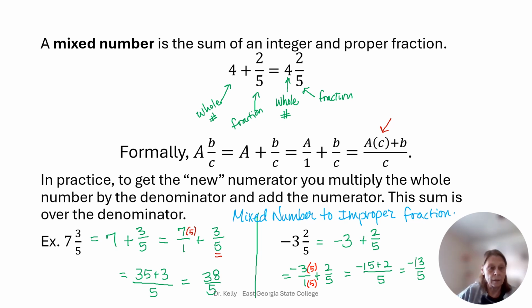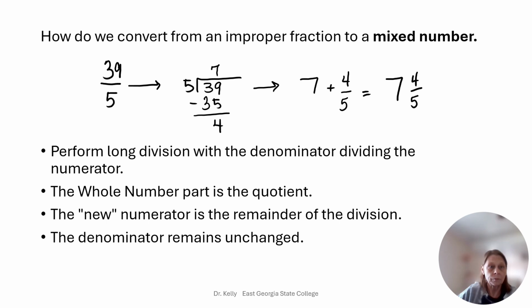All right, let's hit up another one. How do we go from the improper fraction to the mixed number? We do that using long division. We perform long division with the denominator dividing into the numerator. So we set it up here. Here's our denominator, here's our numerator. We do long division and wind up with a remainder.